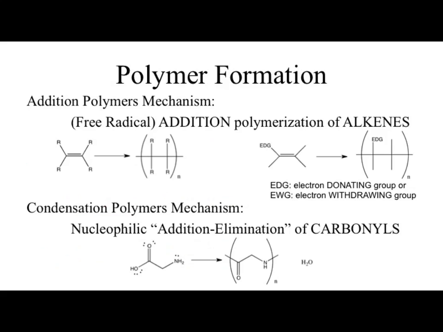The polymer that results from that usually does not have an alkene because the alkene was necessary to react and make the polymer. There are some exceptions to that. If our monomer is long enough that it has more than one alkene, one of those alkenes could potentially stay. It doesn't have to react.